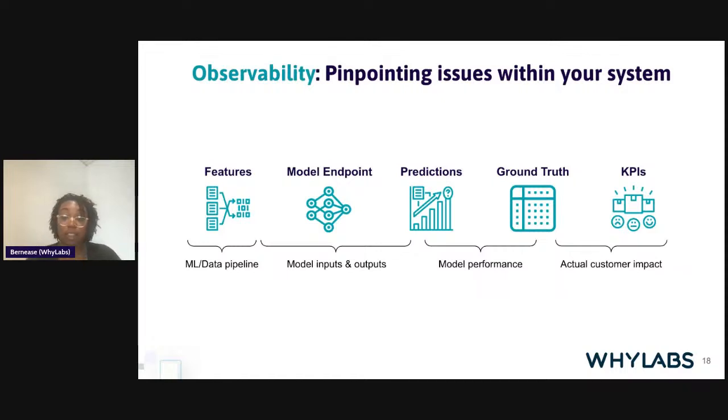That differs from other applications where ground truth is much, much more rare, where you may not see any data about what eventually happened, whether or not my predictions are correct. And in that case, you certainly will lean on KPIs, so different metrics related to the business, maybe not directly related to your model, but you suspect are somewhat correlated. So for example, customer feedback, whether or not they came back to your site, how many minutes they spent on your website, that sort of thing.